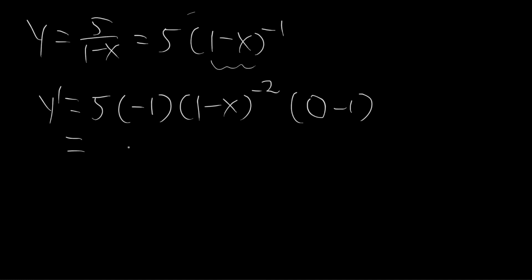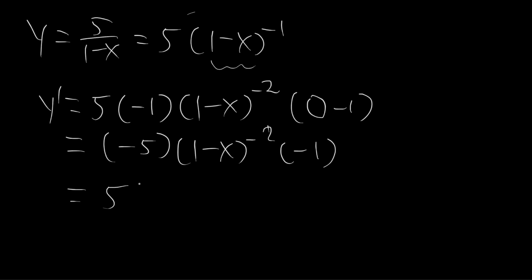So this is equal to negative 5 times (1 minus x) to the power of negative 2 times negative 1. So this is equal to 5 times (1 minus x) to the power of negative 2, which is equal to 5 over (1 minus x) squared.